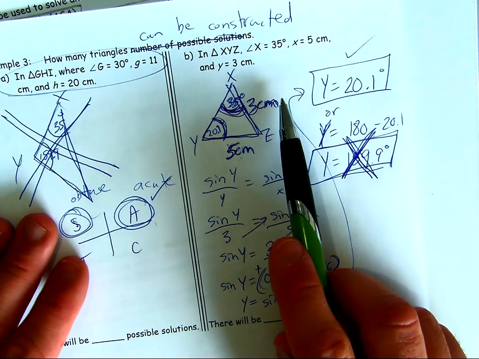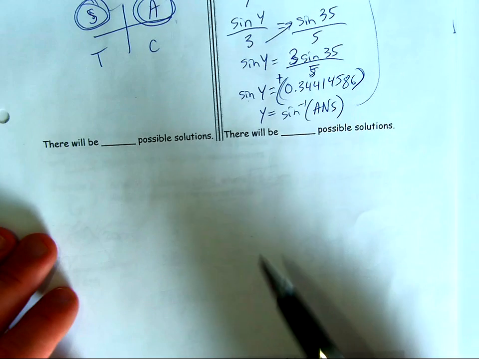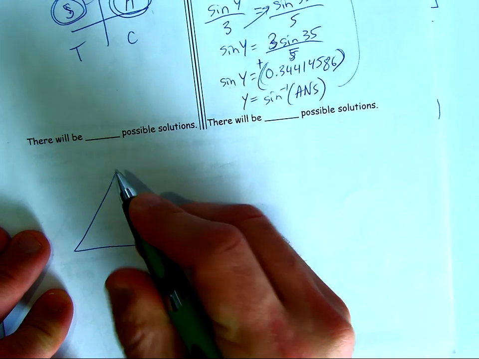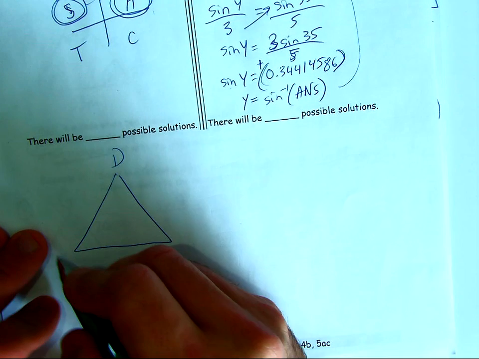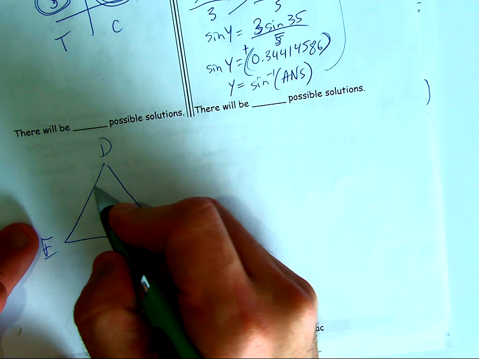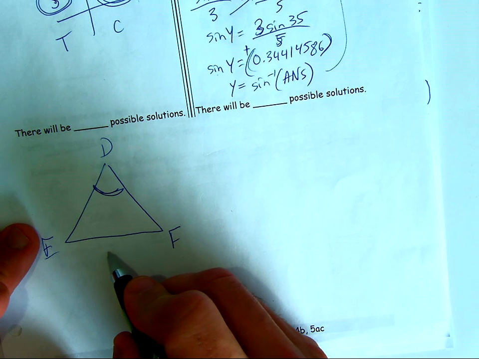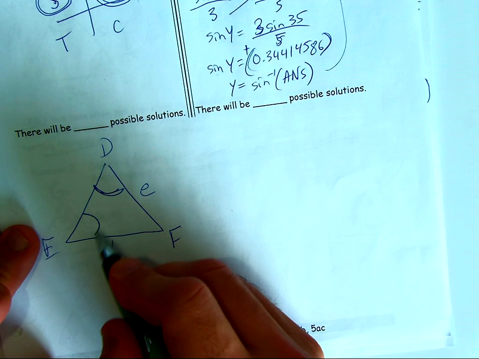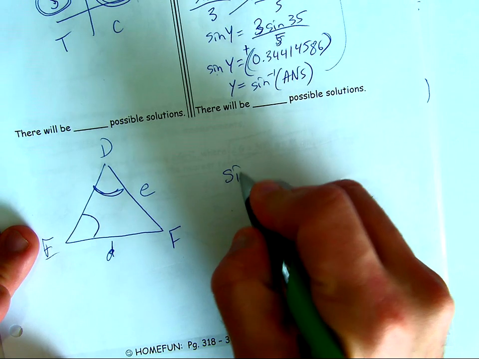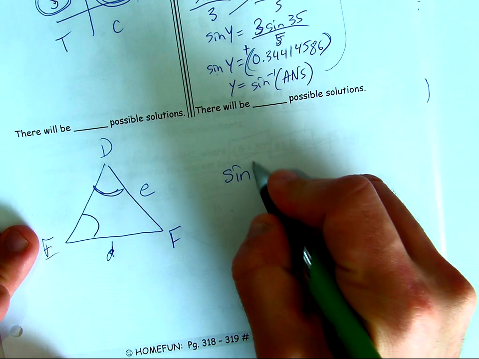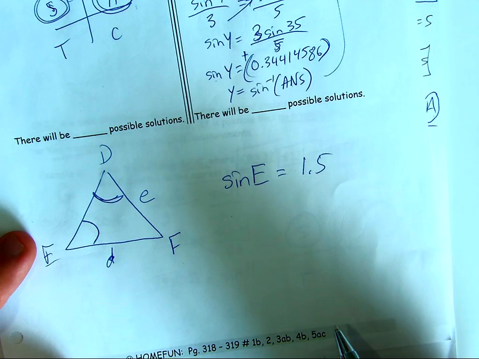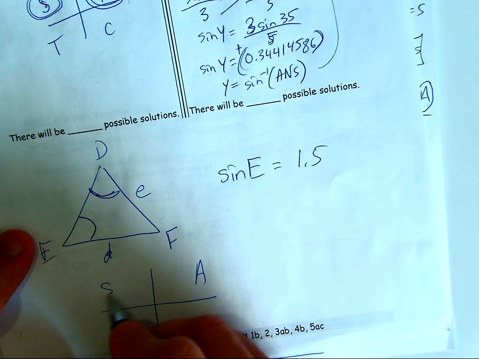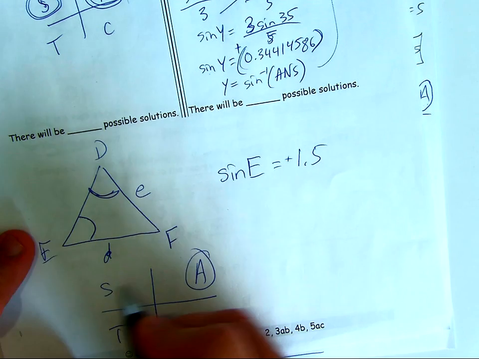Now, you may end up with something that looks like this, where you're drawing a triangle, we'll call it DEF, and they'll give you some angle here, they'll give you the side length over here, little d, they'll give you the side length, little e, and you're trying to find big E. And you may end up with something that looks like this. Sine of big E is equal to 1.5. And obviously, using the CAST rule, you know that sine is a positive number in quadrant 1 or quadrant 2.